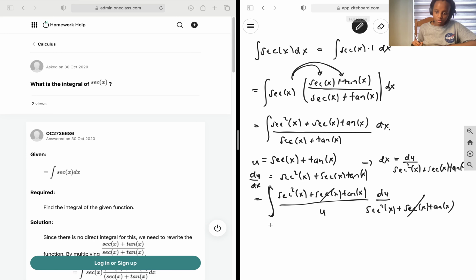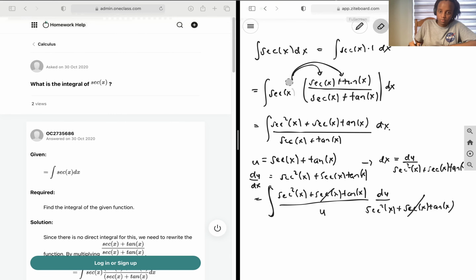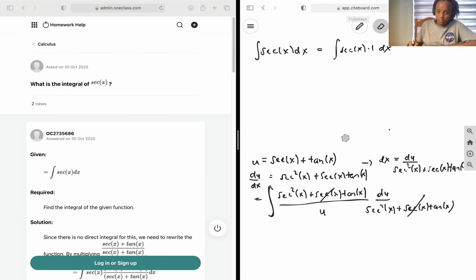These two cancel out, of course. And so let's just write it up here. We get the integral of 1 over u du.